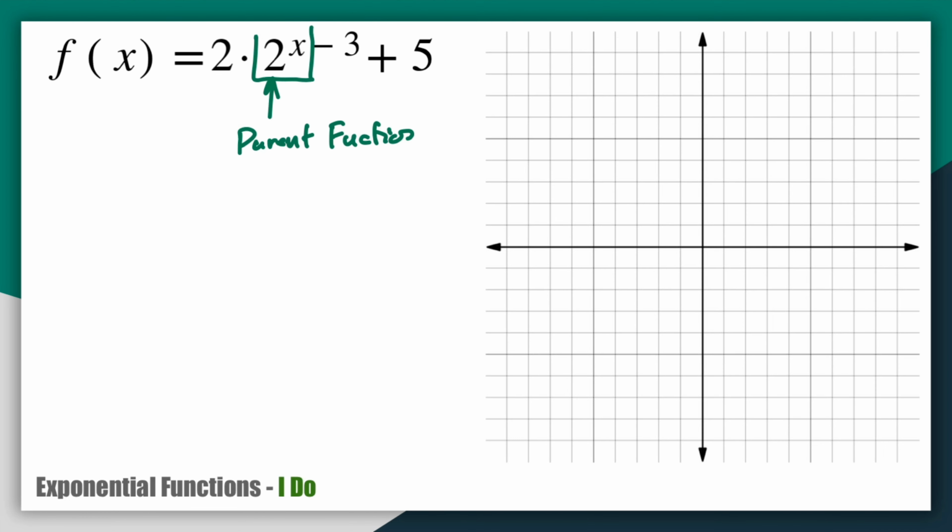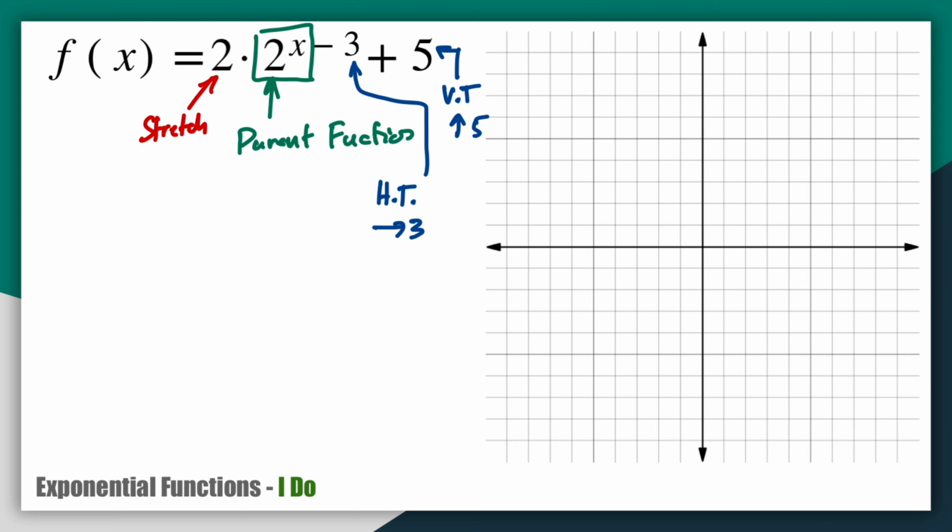We have a stretch by a factor of 2, okay? And then we're going to have horizontally translated to the right 3. And then we're going to even see a vertical translation up 5, okay? Broken down pretty much the same exact way.